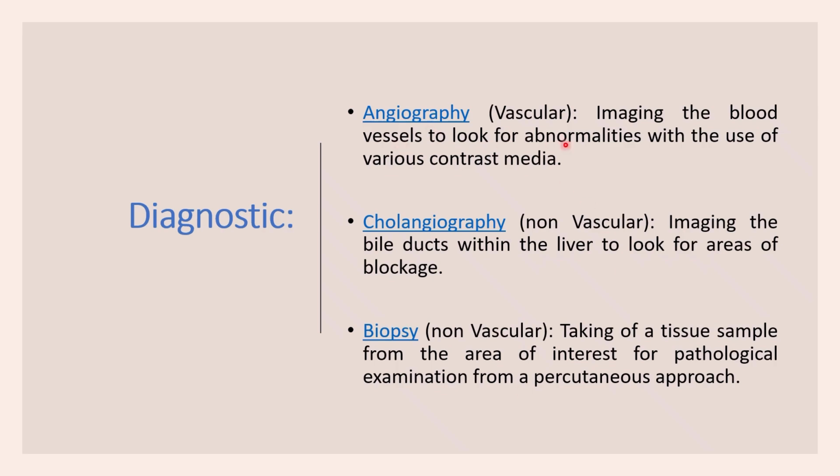It's a vascular procedure where we image the blood vessels to look for any abnormalities using different contrast media. Cholangiography, it's a non-vascular procedure where we image the bile duct within the liver to look for areas of blockage, for example. And biopsy, also a non-vascular procedure where we take a tissue sample or cells from the area of interest for pathological examination.